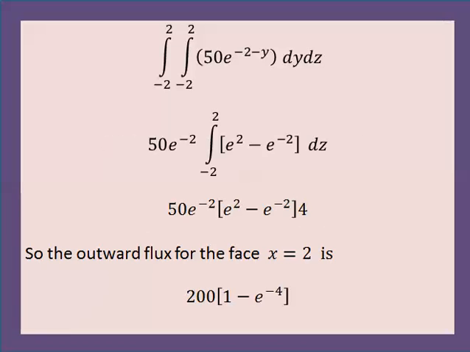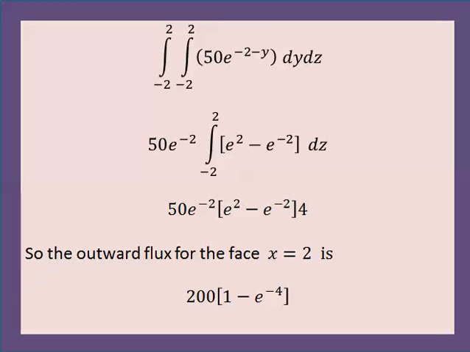So I've got 50 e to the -2 times e to the 2 minus e to the -2, times 4. I distribute the e to the -2 into the parentheses, multiply the 50 by the 4, and I get an outward flux for the face x equals 2. The outward flux is 200 times 1 minus e to the -4.